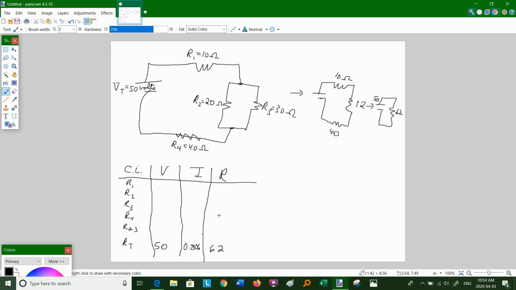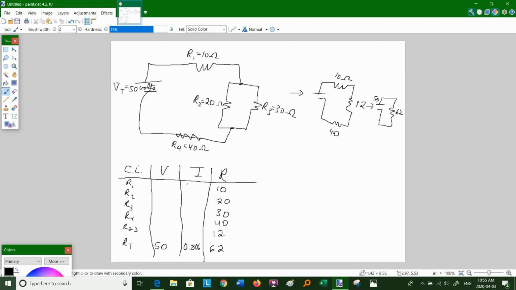And okay, so R1 was 10. You told me it was 10. R2 was 20. R3 is 30. R4 is 40. R23 is 12. Okay, and I know that R1, R23, and R4 are all in series, so they all have the same current.